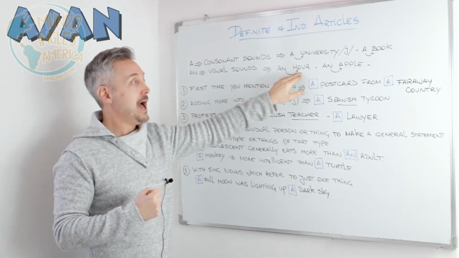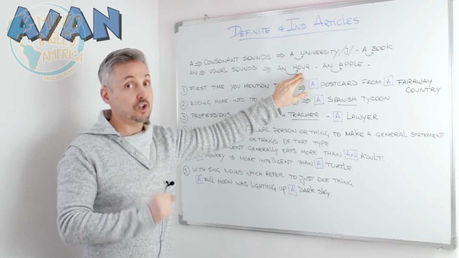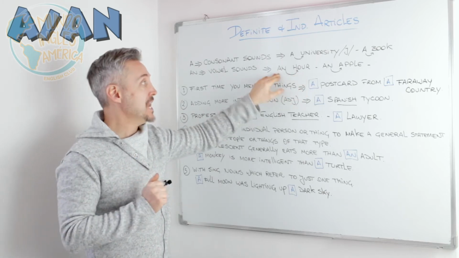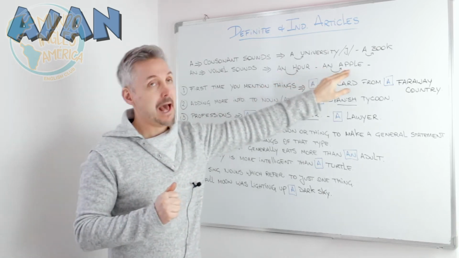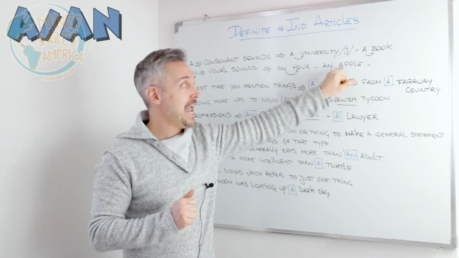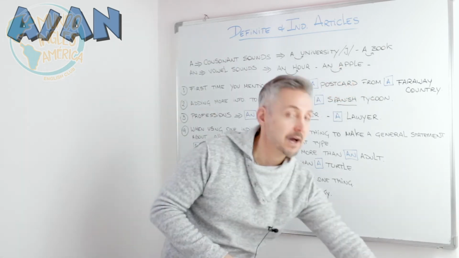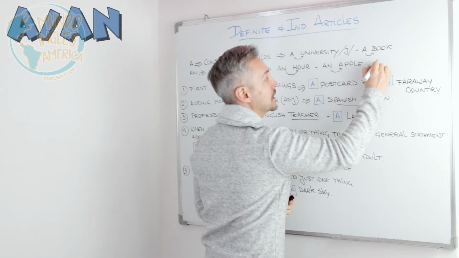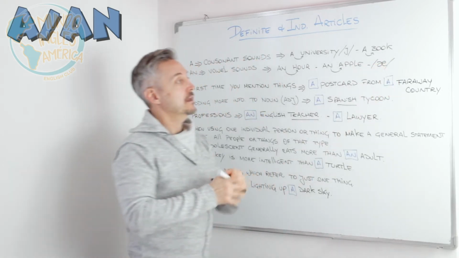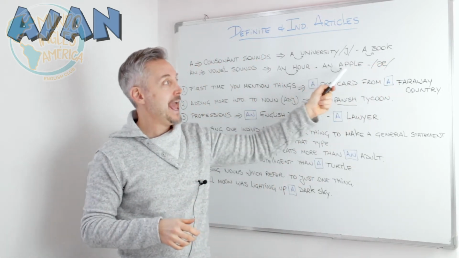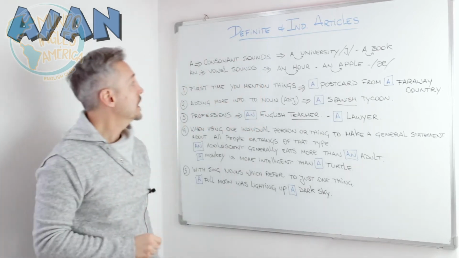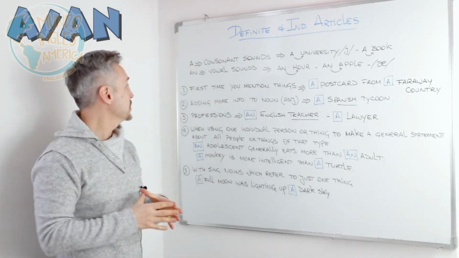So an hour, the H is mute, like I said before. So an hour, an apple. This A is a vowel sound. An apple, etc. You have many examples.